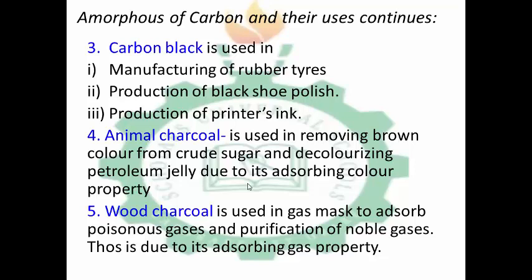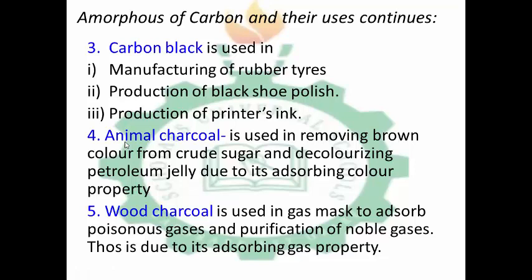So they are all used for the same purpose. They can be used in production of black shoe polish, manufacture of rubber tires, as well as production of printers ink. That is black ink used in printing process.